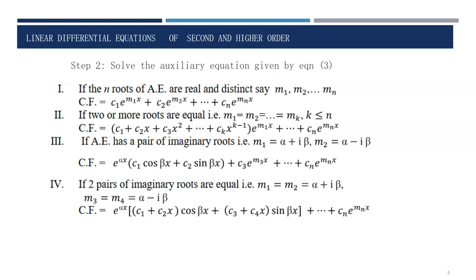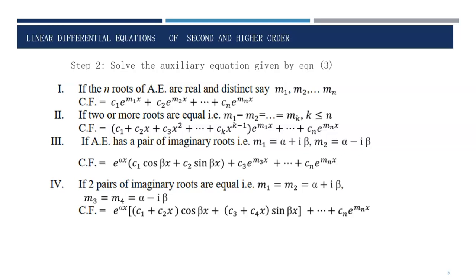So in this third case the complementary function is equal to e power alpha x into c1 cos beta x plus c2 sin beta x, plus, as the remaining roots are real, we follow the first case: c3 e power m3x plus and so on up to cn e to the power mnx. So this is the third case.